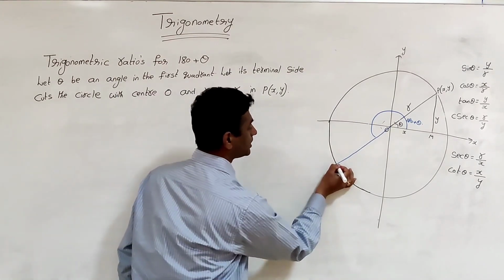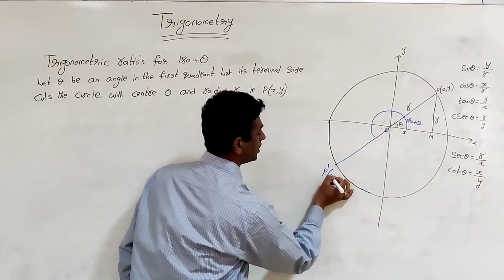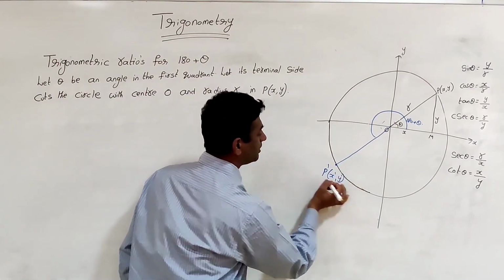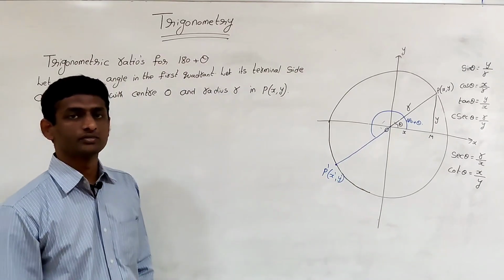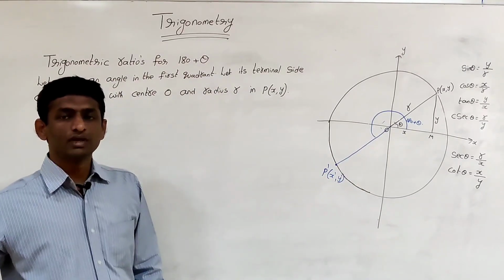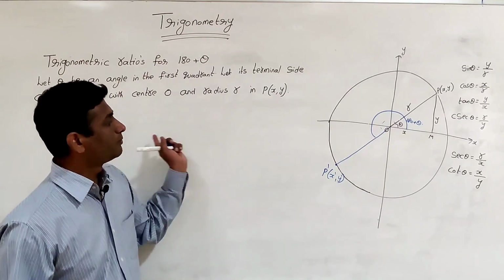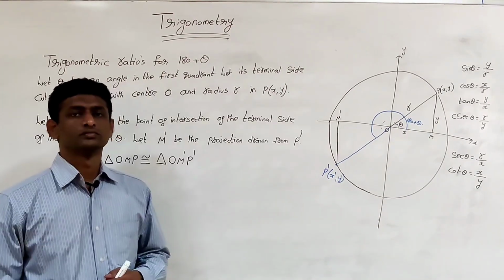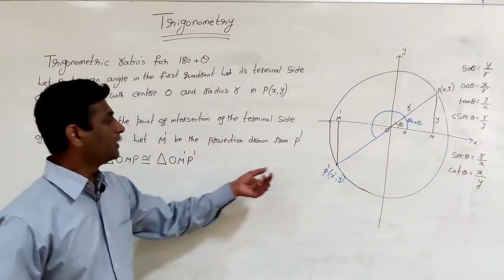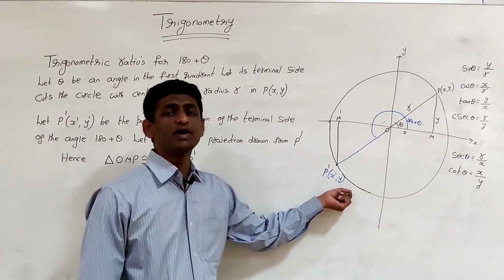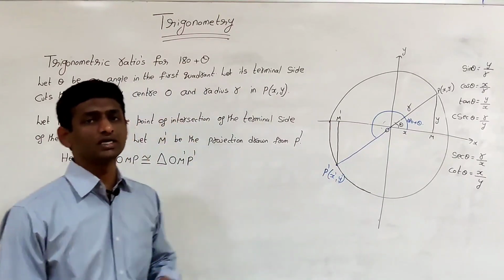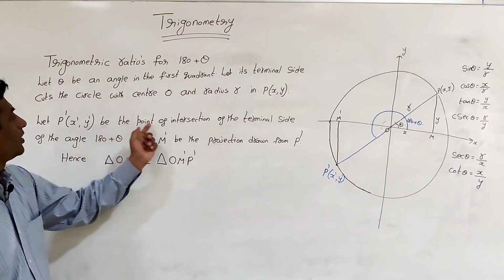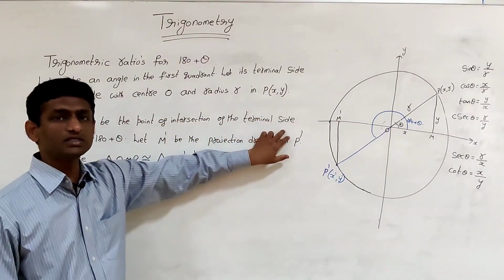Now, let P dash (x dash, y dash) be a point, and we'll see the procedure. Let P dash (x dash, y dash) be a point on the circle, that is the point of intersection of the terminal side.